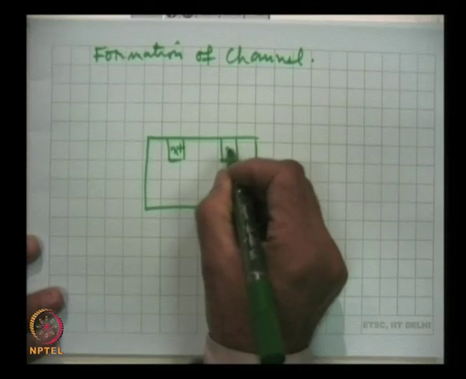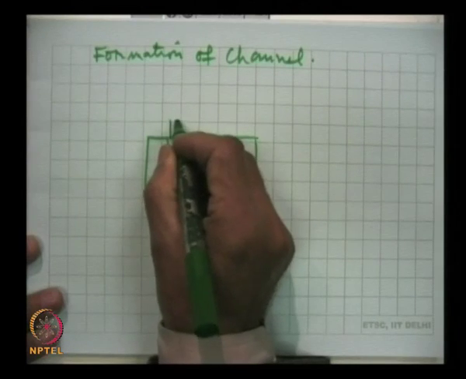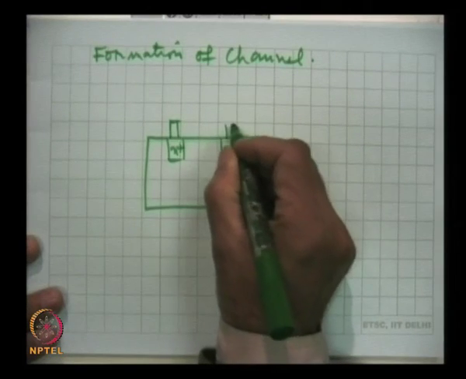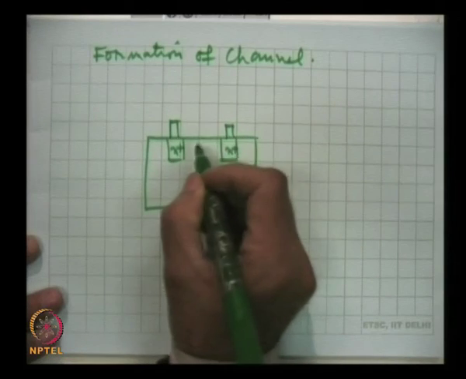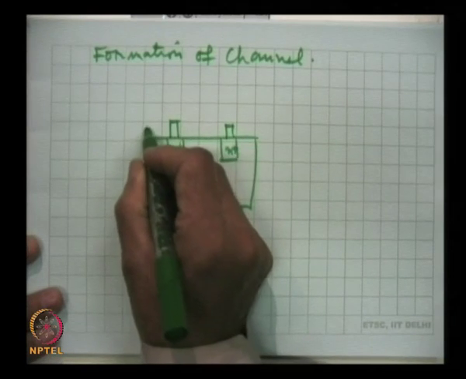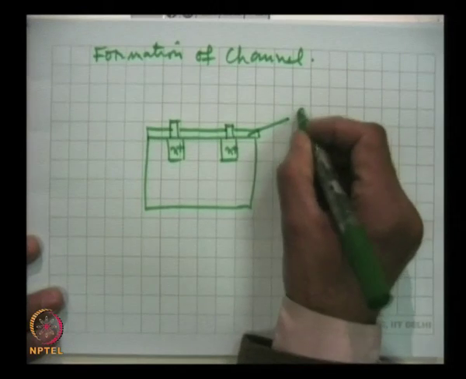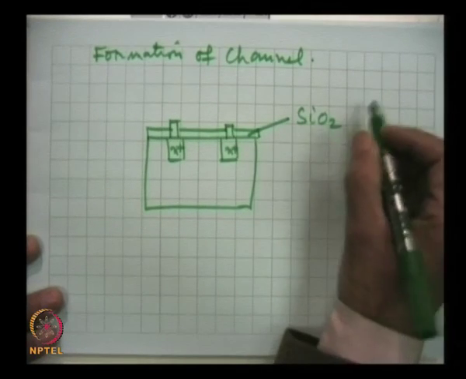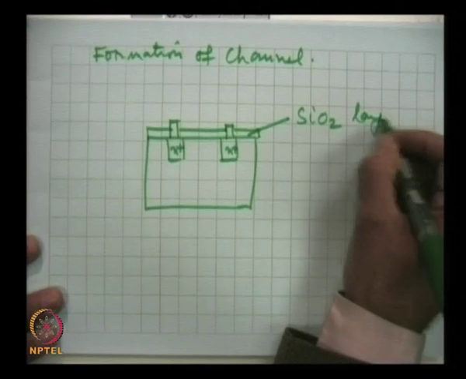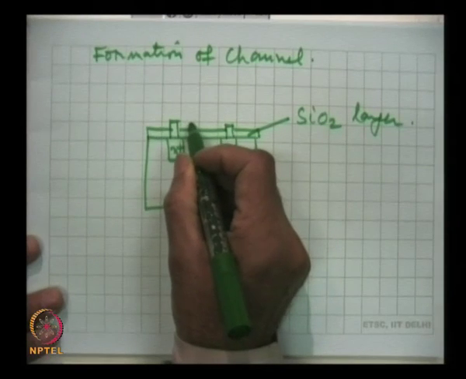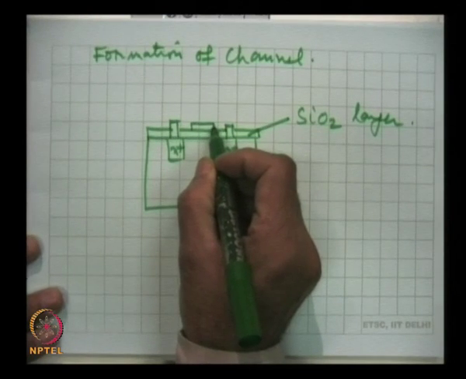N plus electrode and oxide layer. This is SiO2 layer, and here is the other electrode.